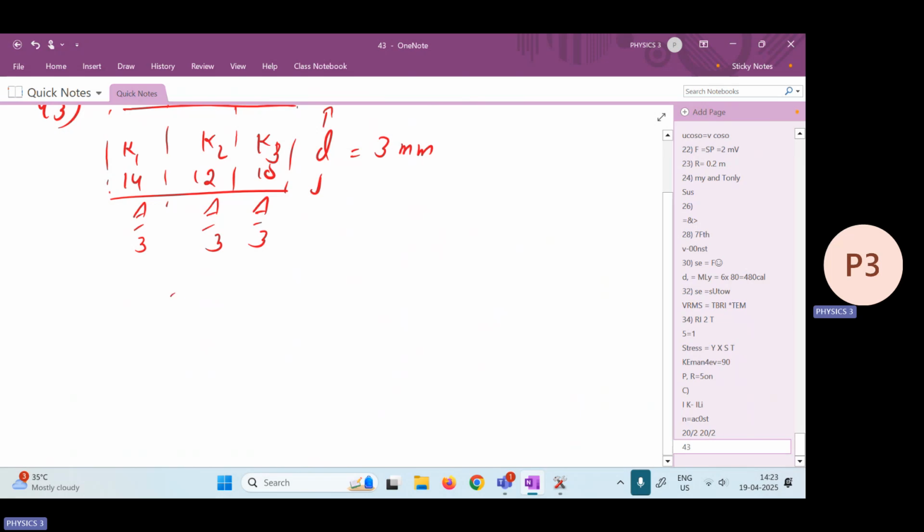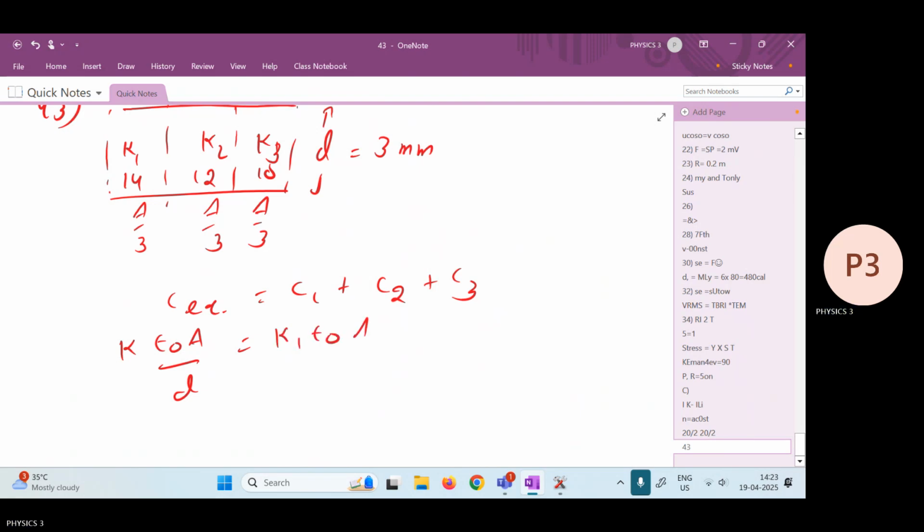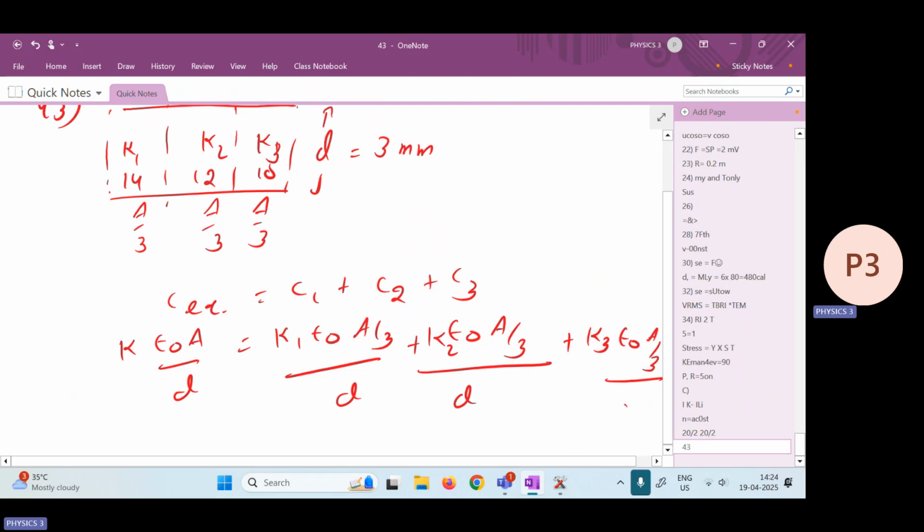In parallel, we know C equivalent is C1 plus C2 plus C3. C equivalent we can write as K times epsilon naught A by d. C1 we can write as K1 times epsilon naught A by 3d, because the area is one third. That will be plus K2 epsilon naught A by 3 by d plus K3 epsilon naught A by 3 by d.